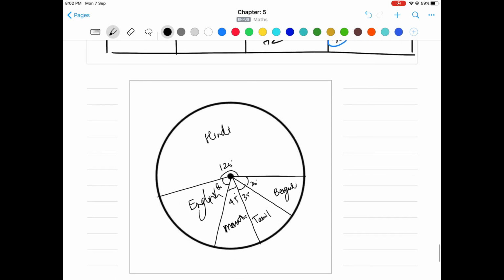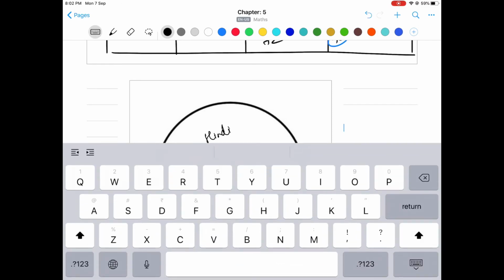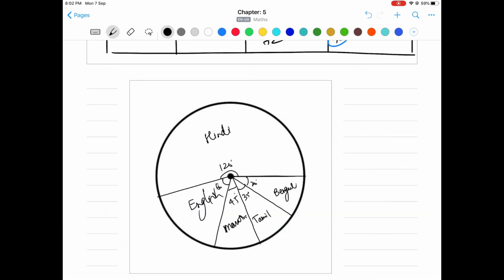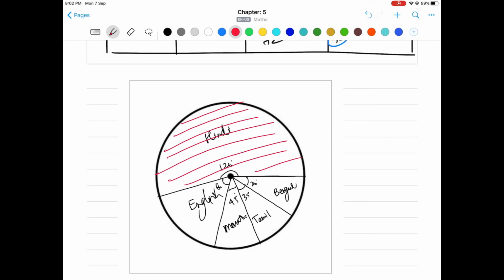Okay, so this is the pie chart representation of the given data. You can give different shading to each section. You can use different color pencils, or you can choose different types of shading, like this.